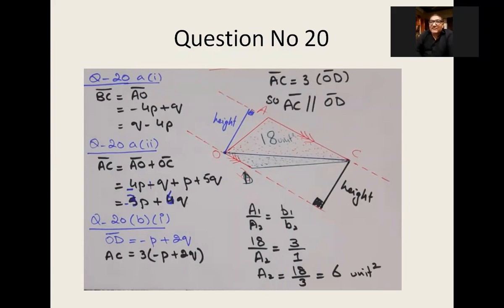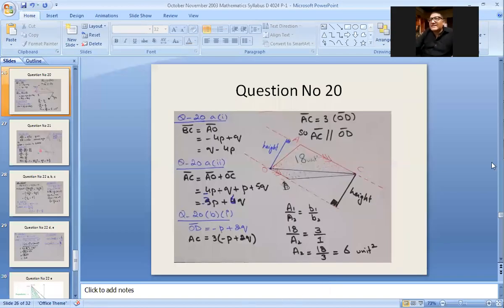The bypass for AC is from A you go to O, and from O go to C. From A to O, it will be minus 4P plus Q, and from O to C, it will be plus P plus 5Q. So you will have minus 3P plus 6Q. Now I know the value of AC.